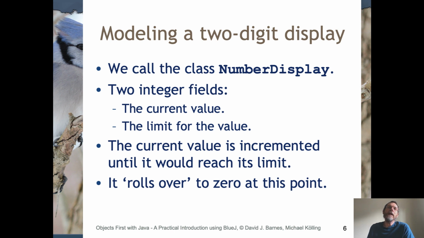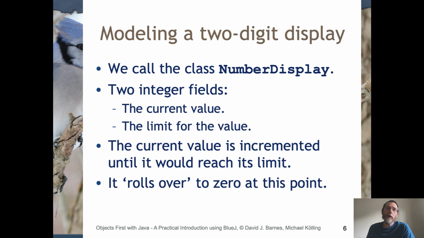And as each minute passes, the number display will receive an external signal, and that will allow it to increment its value, checking all the time to see whether it's reached the limit. And if it has reached the limit, then rather than setting its value to the limit, it wraps around to 0 at that point.